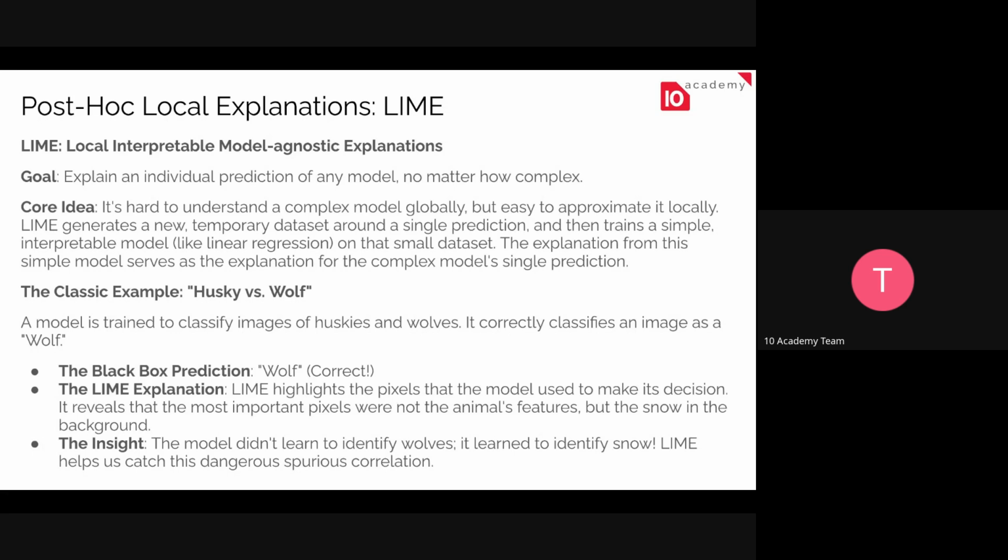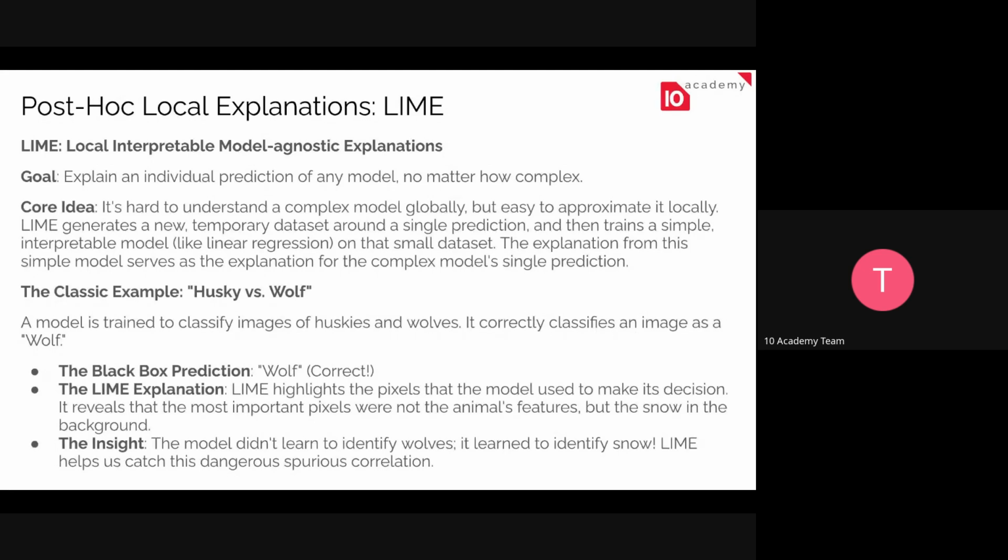Wolves live in snow, so if there is snow, it's going to say it's a wolf. LIME helps you catch these kinds of dangerous correlations. If there is snow, there is a wolf, and if there is no snow, it's going to be husky.